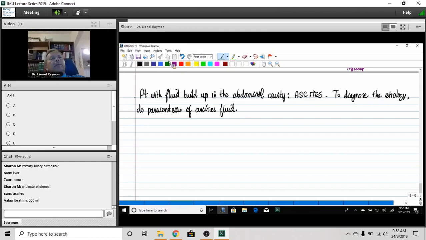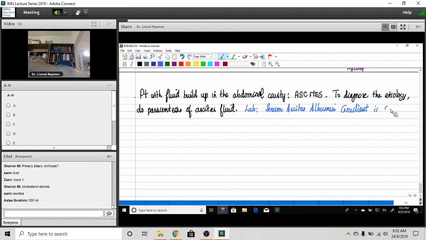And I'm going to tell you that in the lab, the serum ascites albumin gradient is, we're going to say, 0.8 grams per liter.